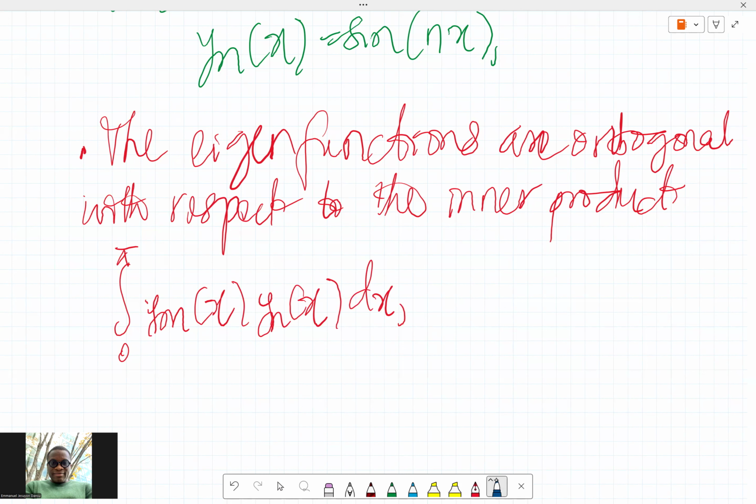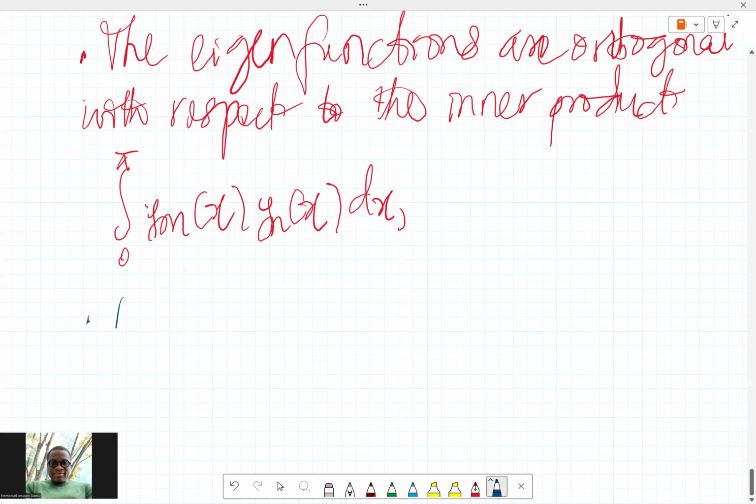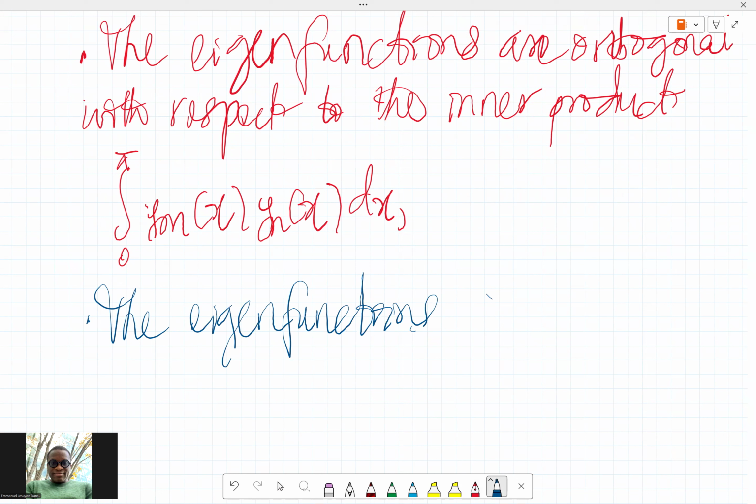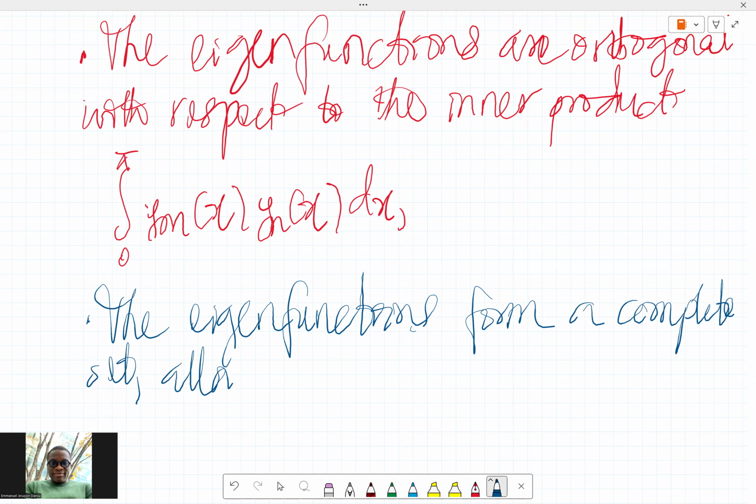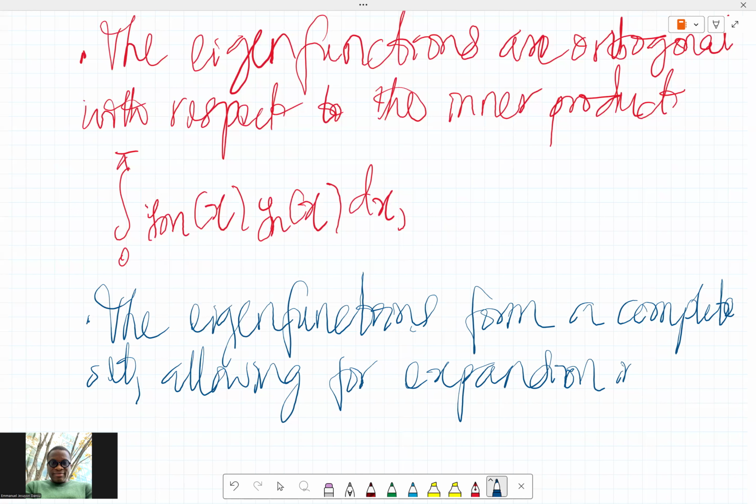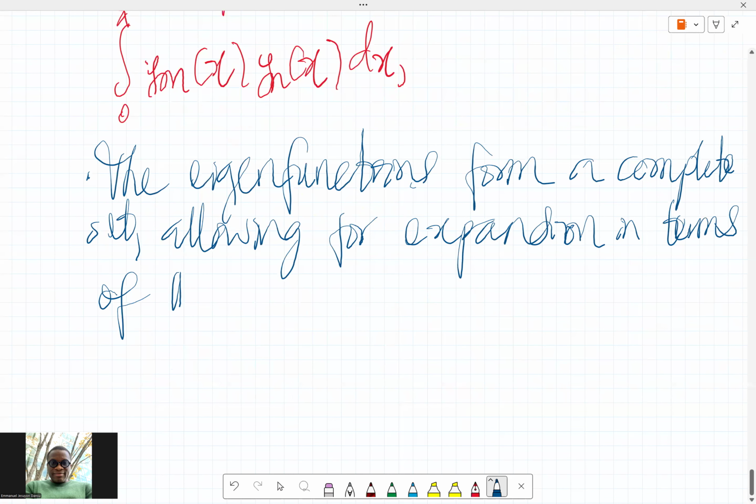And lastly, the eigenfunctions form a complete set, allowing for expansion in terms of these functions.